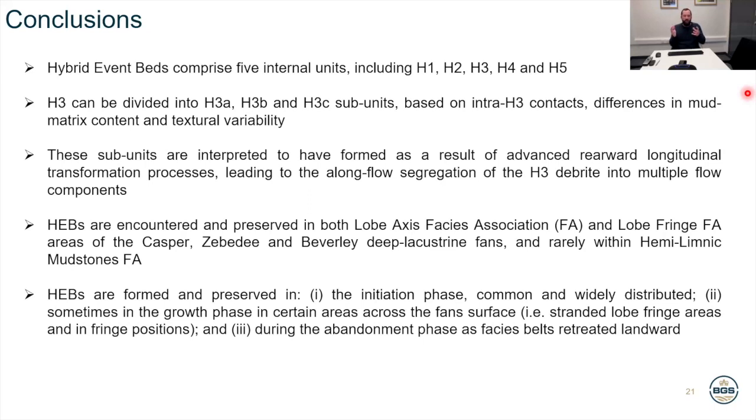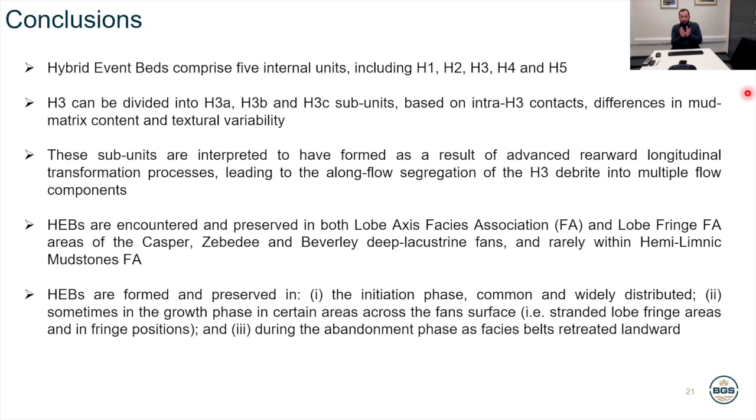But I guess the next stage would be to compare whether you do get the subdivision in the marine setting, and if not, it might be that you only see them in the deep lakes. I think you have to consider the temporal context of deep lacustrine HEBs, because the deposits in deep lakes are formed by much smaller flows over longer time frames, perhaps.